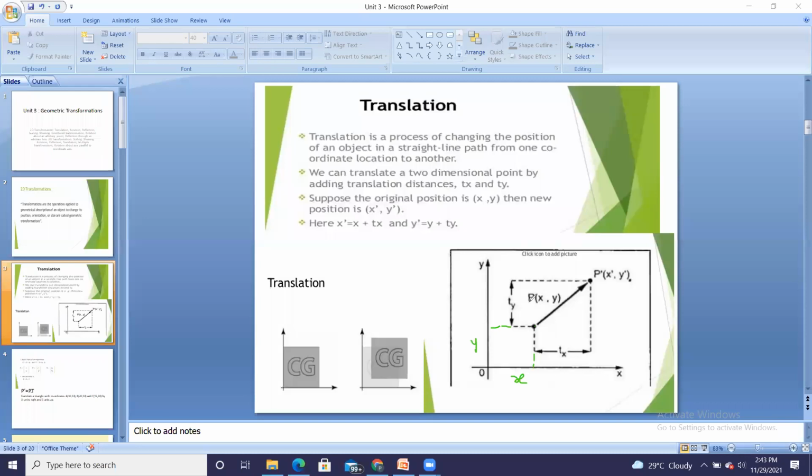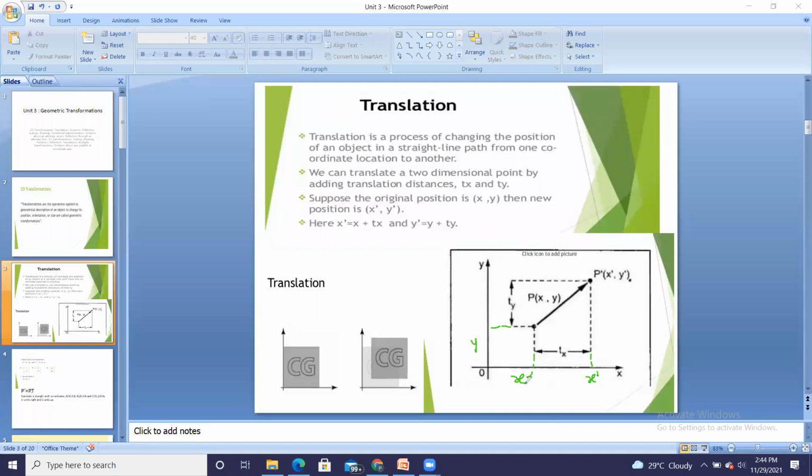So what is changing? The earlier point P has been changed into P dash, and the earlier xy coordinates have been changed into x dash and y dash, where the x-intercept, that is the difference between x dash and x, is your x dash distance. So here I am having the x dash, and here you are having the x value.